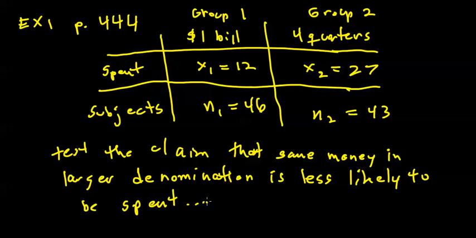We can do that with the 2-Prop ZTest command. I'm going to have to scroll down. You might want to keep that table in your eye and on the side here.